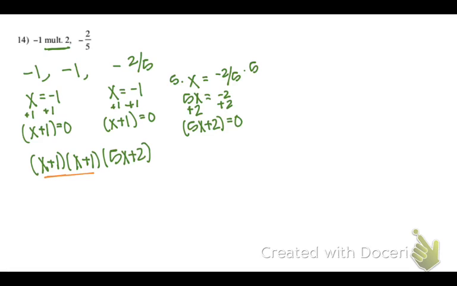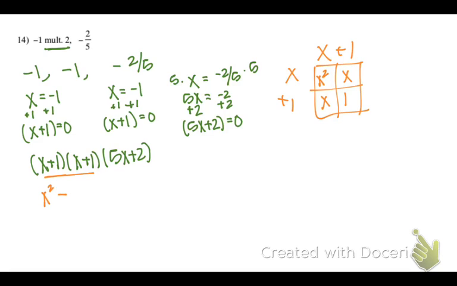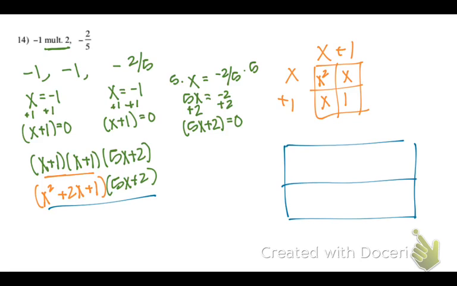So I'm going to multiply these two first. So we have x plus 1, x plus 1, x squared, x, and 1. So this is going to be x squared plus 2x plus 1. Bring down this 5x plus 2. Then if we multiply that together, so we have 5x plus 2, x squared plus 2x plus 1.